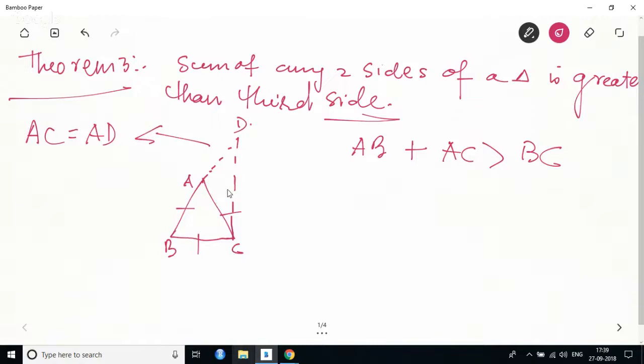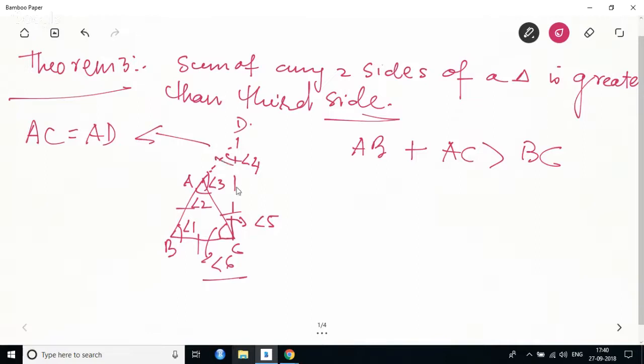So try to understand. Let me assume angles. This is angle 1, this is angle 2, this is angle 3, this is angle 4, this internal angle 5, and this is angle 6. Let me assume angles like this.